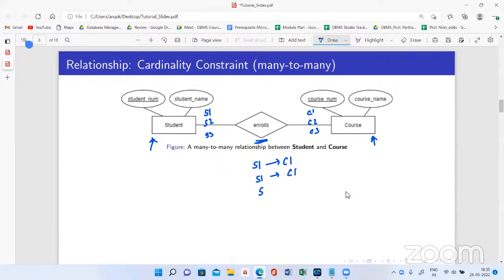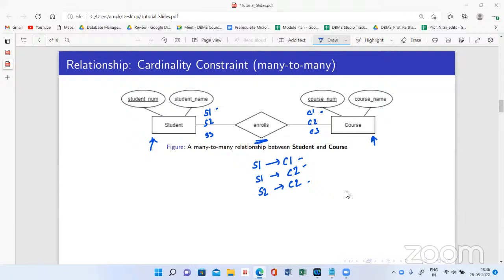I can also say student S2 took course C2. So it represents a mapping between entities of these entity sets. That's why it represents a number of relations, and each of these is a relation. So that's why it's called a relationship set.